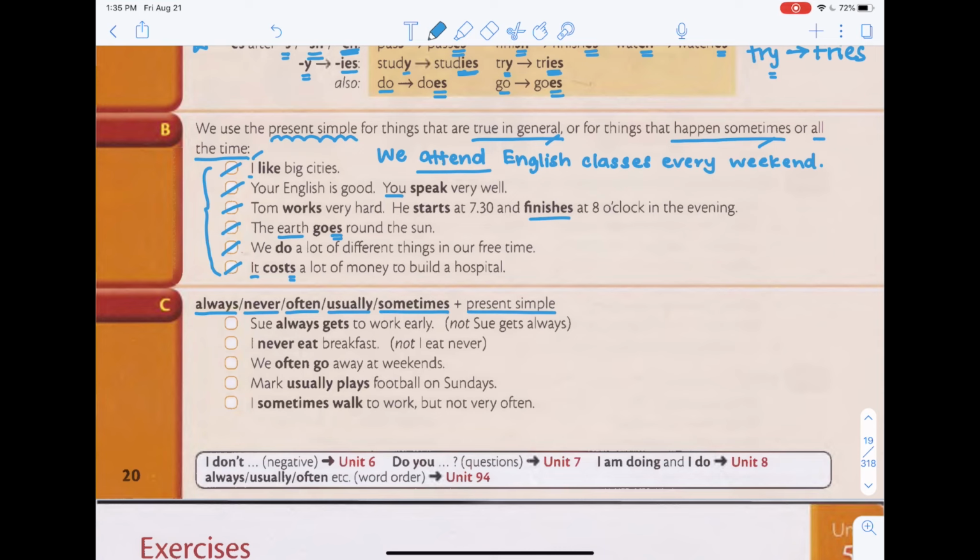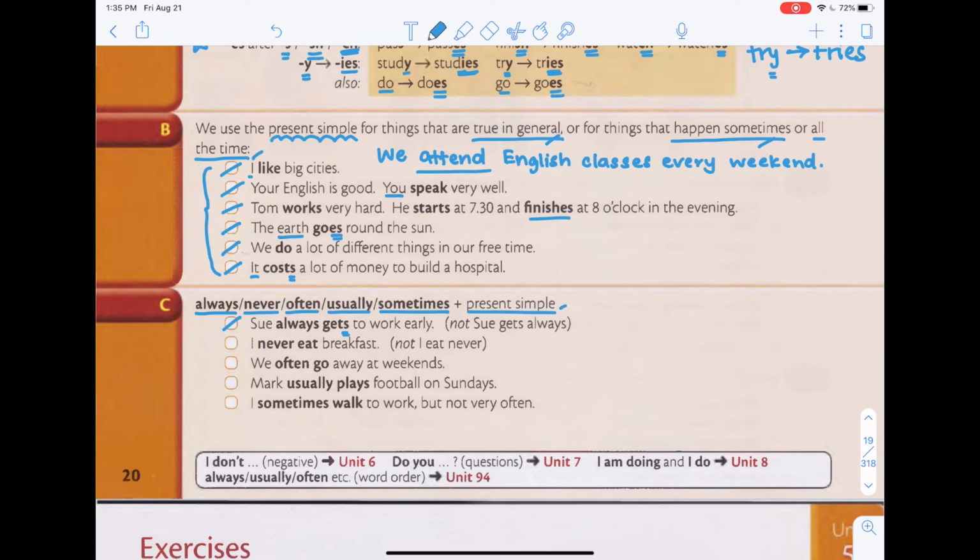So let's look at some examples. We have Sue. Remember, it's still the same. Sue is a she, so you have to add s. So Sue always gets to work early. So you have to add all these special words first and then the present simple.